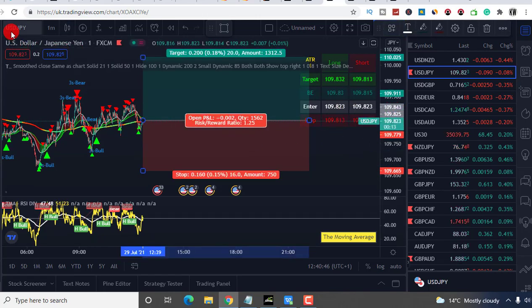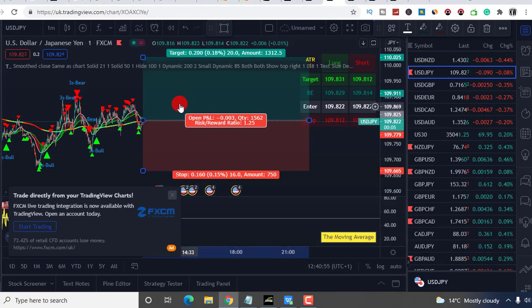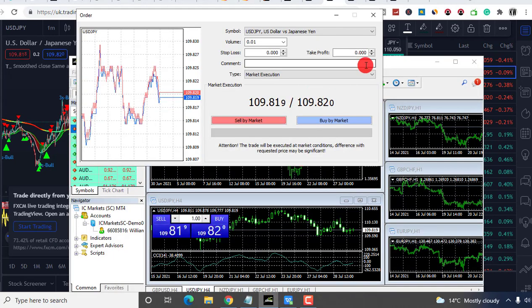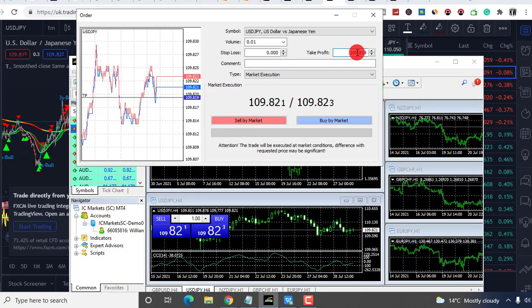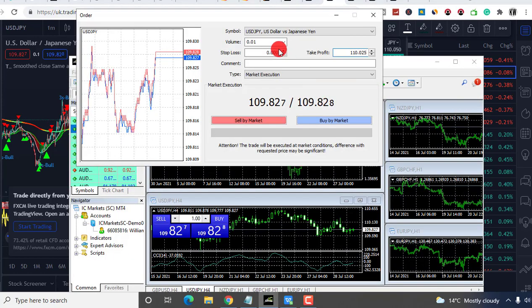Okay, so USD JPY, this one, and then open the trade. We're going to buy as well. 110.025 would be our take profit, and the stop loss would be 109.665. 665 would be our stop loss.